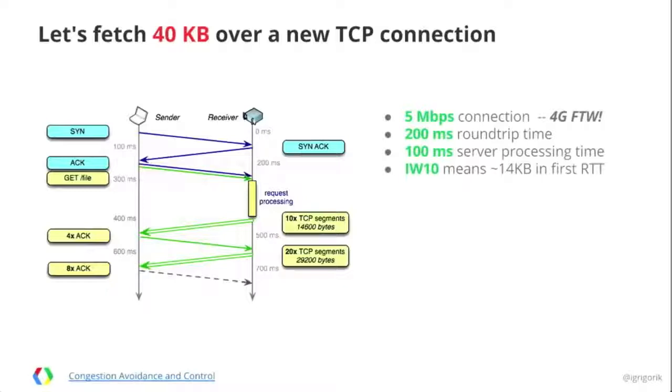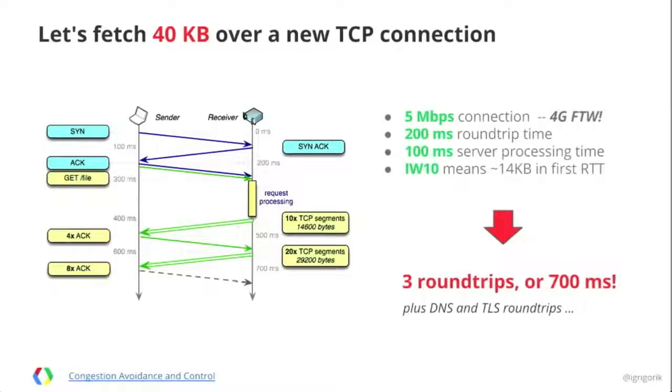In this case, it's going to take, how much did we say, 100 milliseconds as well. And then it's going to send me some data, except it can't send all 40 kilobytes because of TCP slow start, right? So it'll send me 14 kilobytes in this case. And I will acknowledge that I received that data. Those acknowledgements go back to the server. The server then sends me the remainder, right? So if you add up all the latencies, we've just spent 700 milliseconds doing all of this.